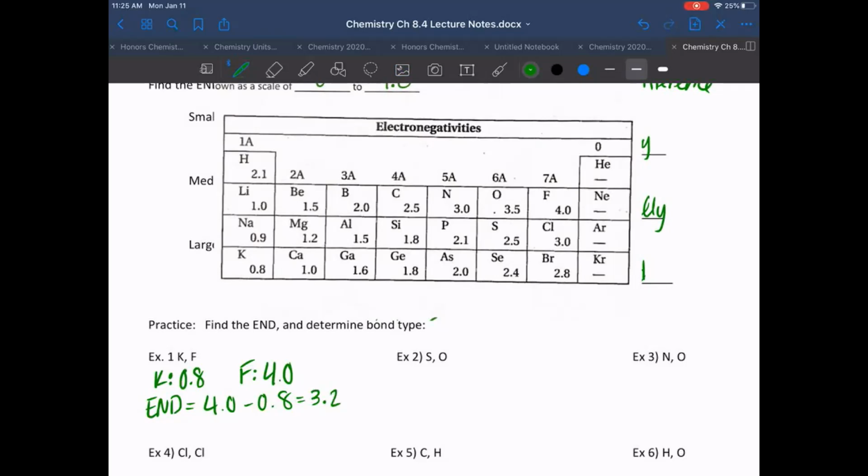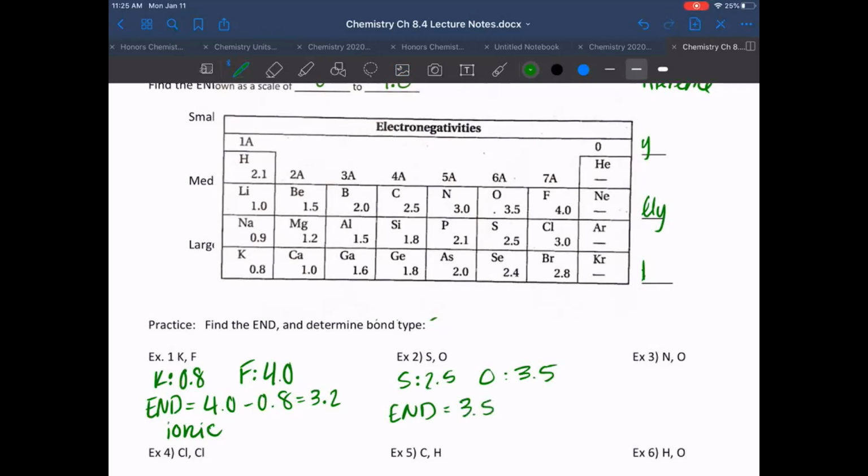So what kind of bond is this? Ionic, which makes sense. We have a metal and a non-metal. It should be ionic. All right, the next one, sulfur, that is 2.5. Oxygen is 3.5. So what is our electronegativity difference? It is 1.